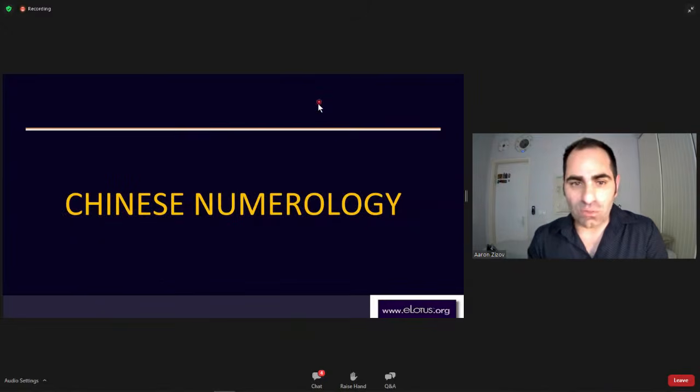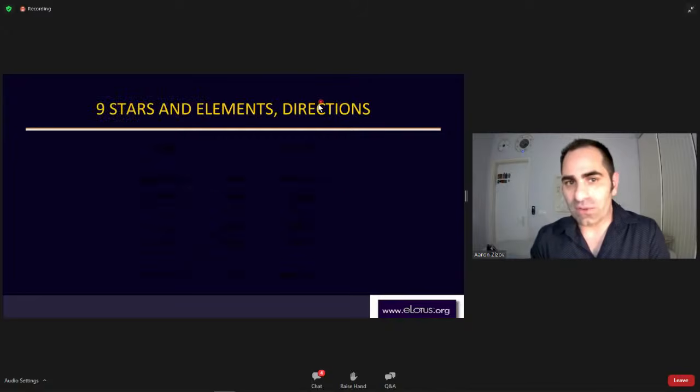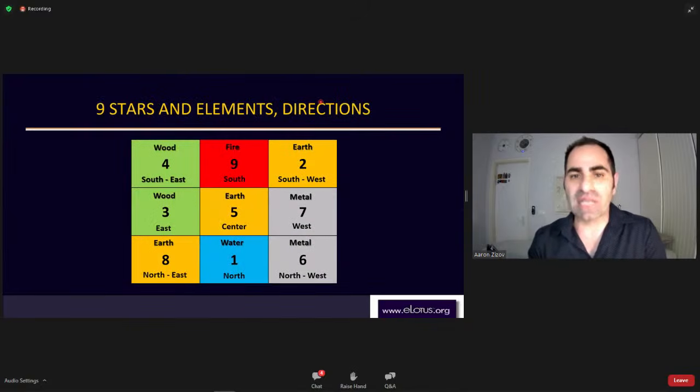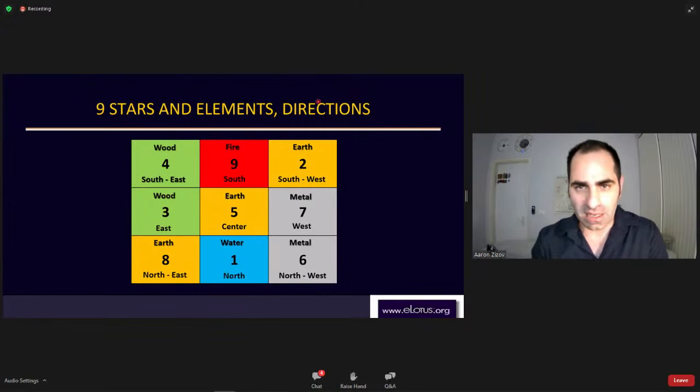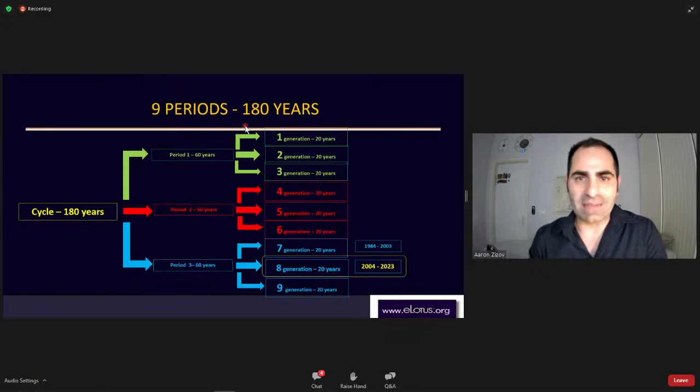A bit about the numerology. It's about 10 stars and elements, different directions, how we can use this magic square with understanding the different elements and the different positions, and how it's affecting the different periods.